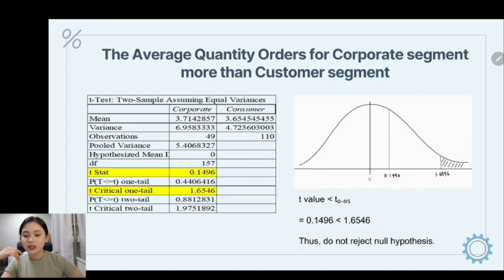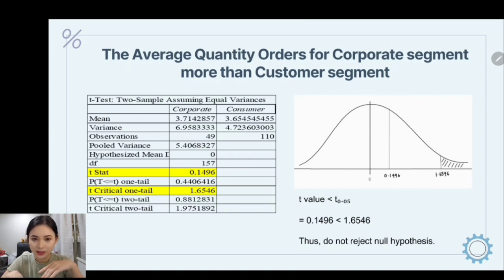The average quantity ordered for the corporate segment is more than the consumer segment. So in this slide, we want to look at the hypothesis, whether we reject it or do not reject it. This slide only shows one tail.